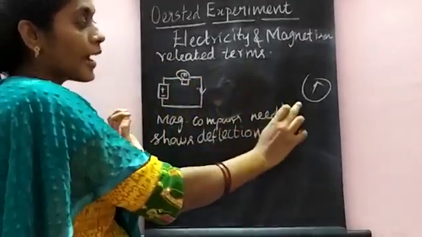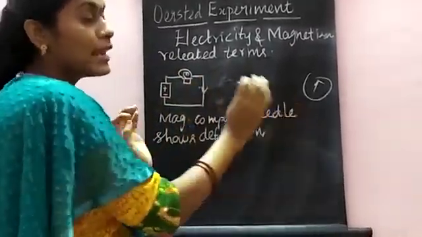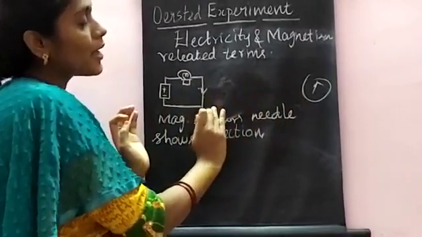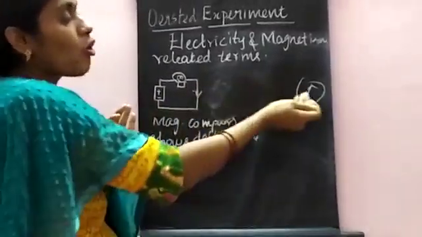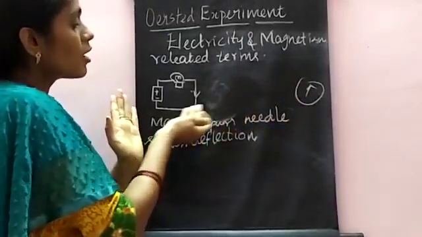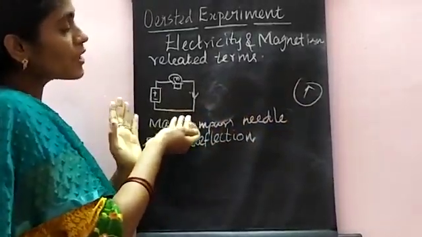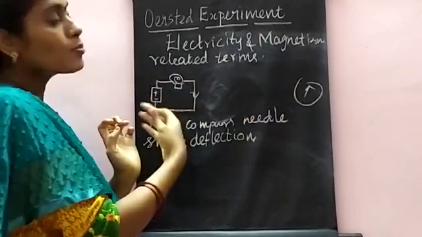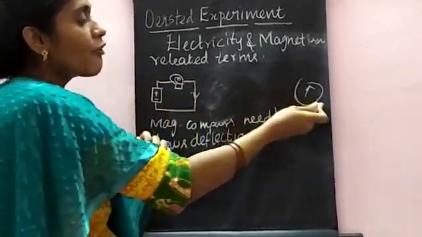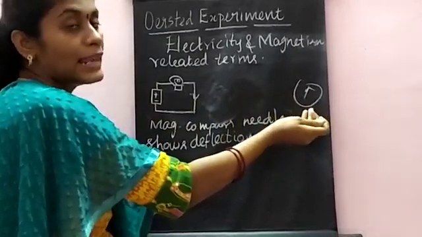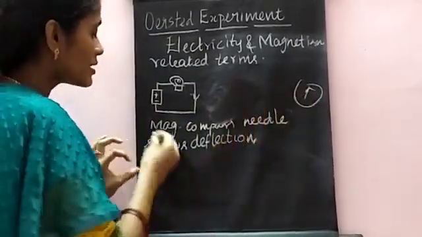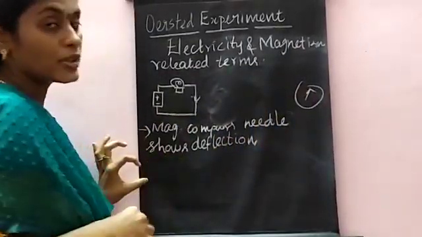He observed that the deflection is less than when placed near. If we place the compass needle close to the circuit, it shows more deflection; if far away, less deflection. This is the first case he found.